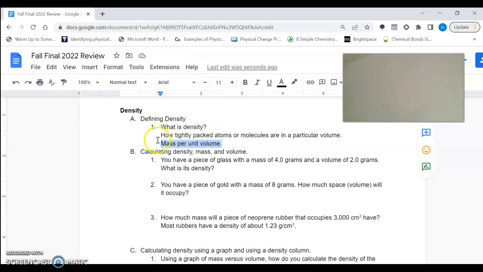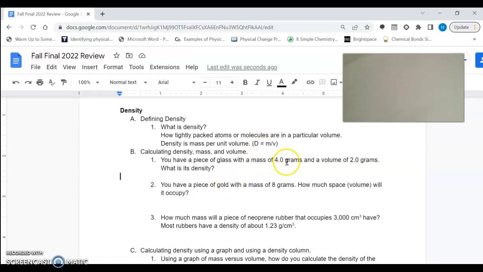We've got our broken heart equation, density equals mass divided by volume. If you put the m over the v, it kind of looks like you cut a heart in half. So we calculate density by taking mass and dividing it by volume, and that contributes to where our units come from, because it's going to be grams per milliliter, or some mass measurement over some volume measurement.